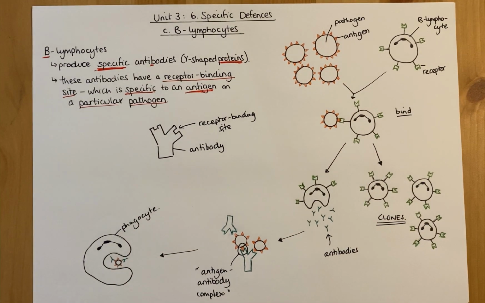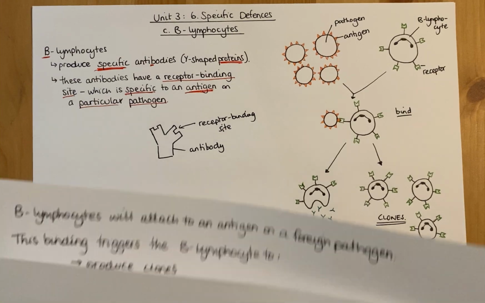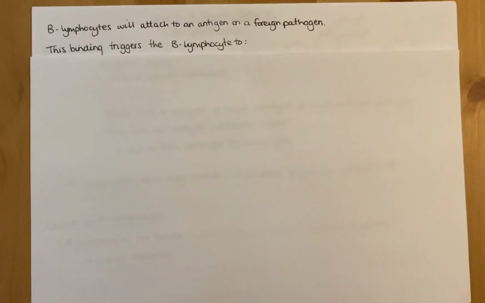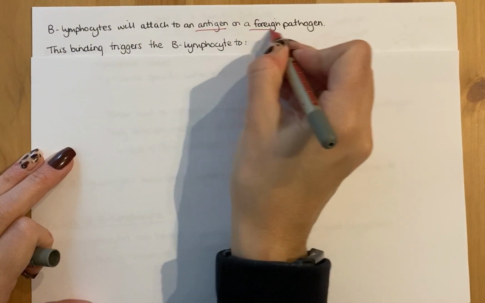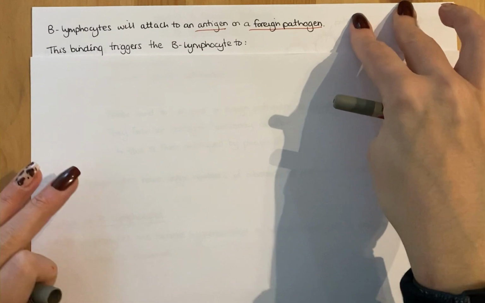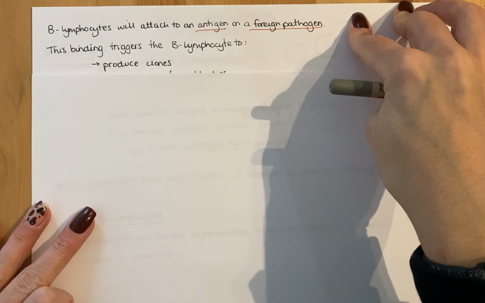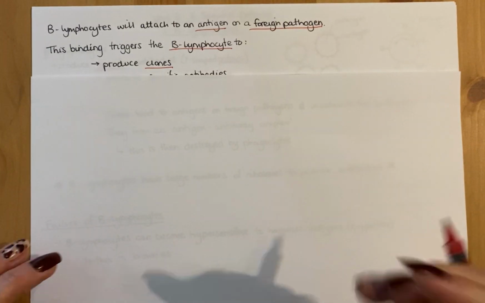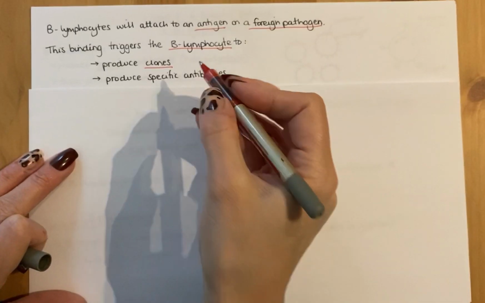So, a description then of how this works. B lymphocytes attach to an antigen on a foreign pathogen. That binding then triggers B lymphocytes to do a couple of things. It produces clones, as always, and it produces specific antibodies.